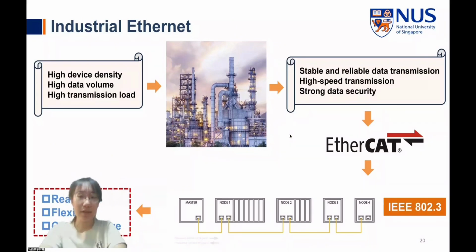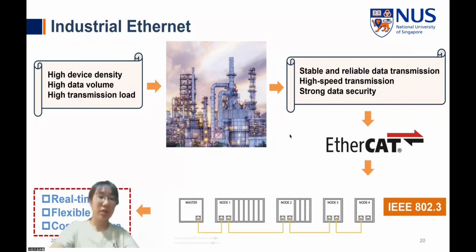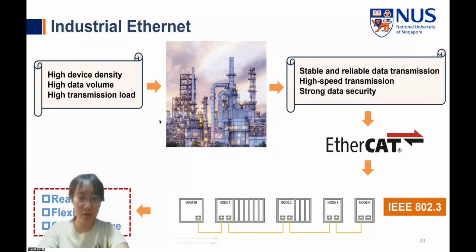Ethernet is not just used in everyday life like FTTH we mentioned before. It is also widely adopted in the industrial world, especially control systems, because Ethernet has very high bandwidth, low cost and excellent scalability. In most industrial environments, like I show here, we often face a very large number of devices and heavy data transmission.